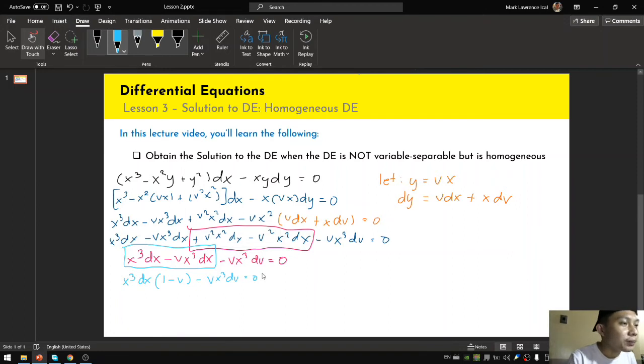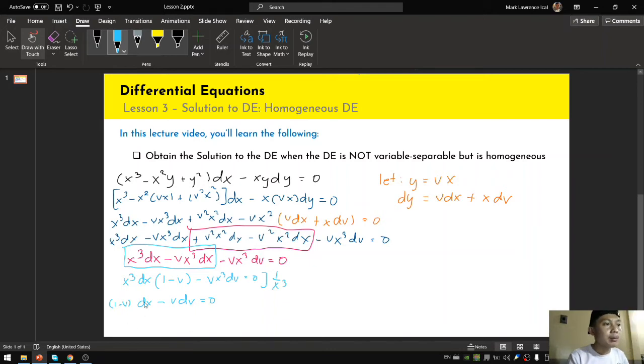Okay, so first divide both sides by x cubed, para ma-cancel out ito. So we have dx, cancel, cancel. 1 minus v minus v dv equals 0.